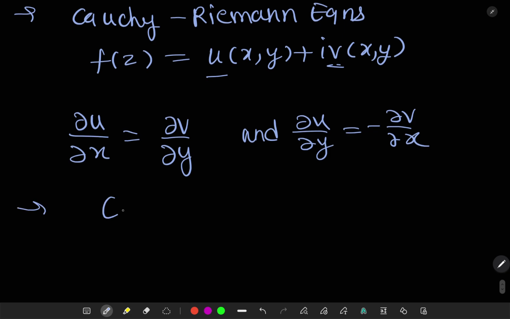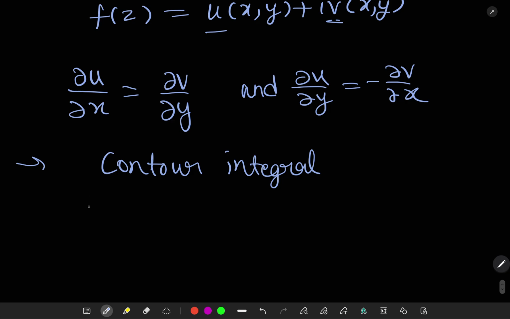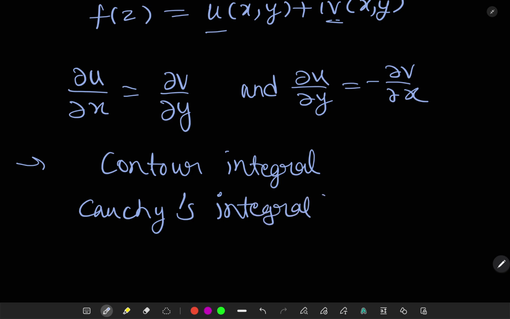Now the third property is the contour integral. In this property we discuss Cauchy's integral theorem.